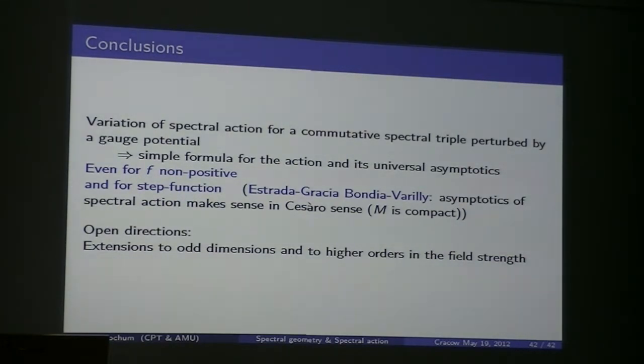So if you take a step function, you can jump to this conclusion, and this is valid for this function even though this has been done in a compact situation by Estrada, Gracia-Bondía, and Várilly many years ago. As I said, it was satisfied in the C0 sense. And when you look closely at what the C0 sense means, you will see that it's almost terrible.